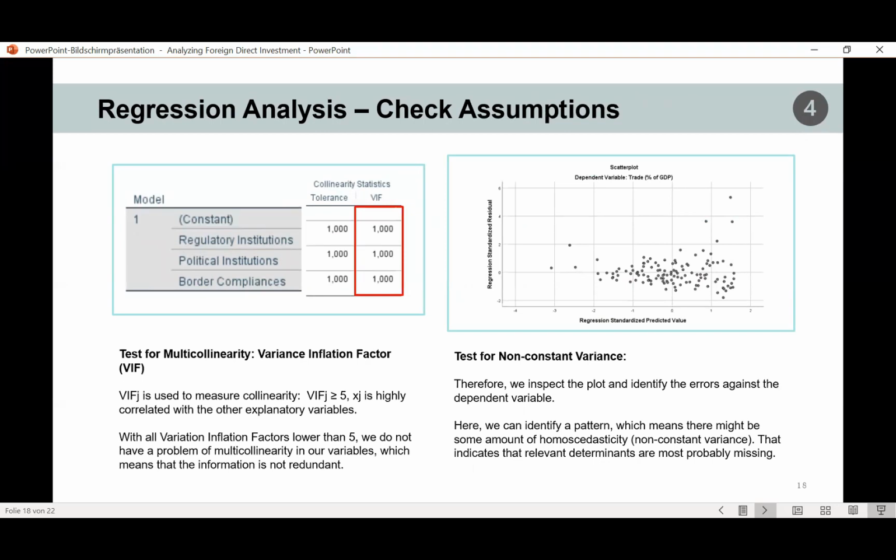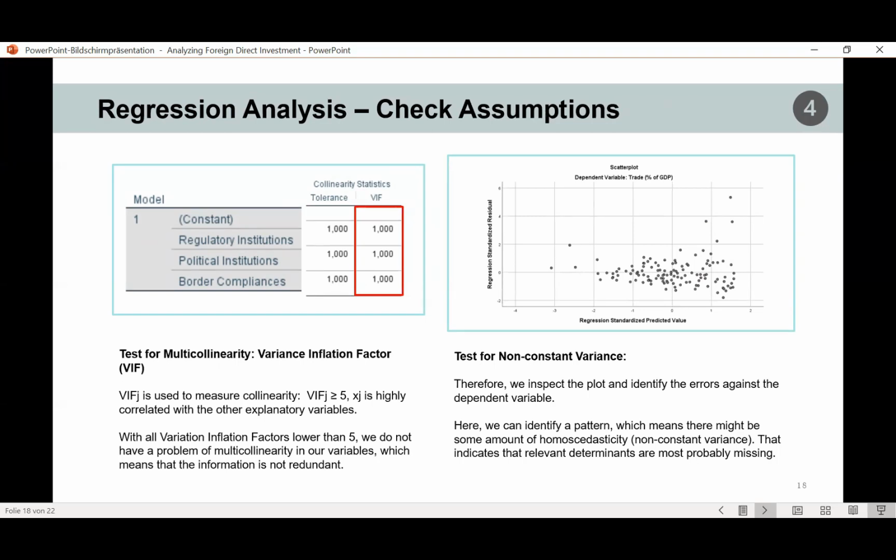I'm going to continue to check the assumptions of the regression analysis, and therefore we are having a look at the test of multicollinearity, and we are going to check the variance inflation factor. As the variance inflation factor is lower than 5, we can say that we do not have a problem of multicollinearity. This means that the information is not redundant.